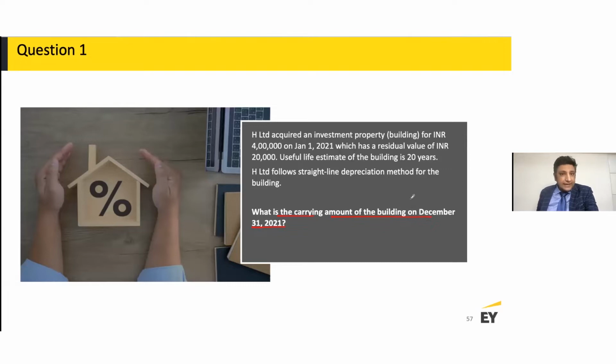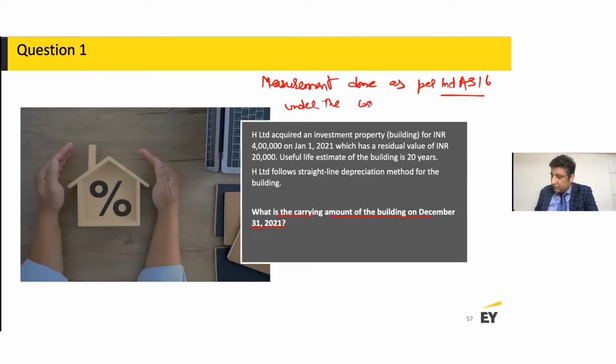Now, importantly, you would like to remember here is that for accounting purposes or for measurement purposes, investment properties accounting is done as per Ind AS 16 property, plant and equipment under the cost model, right?